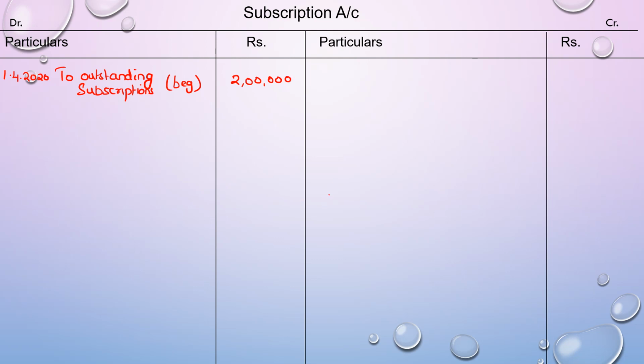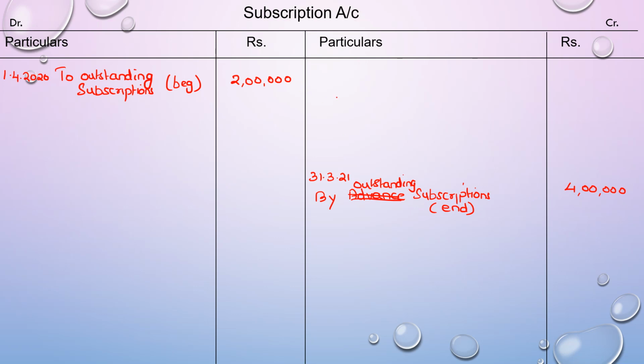Then you have subscription outstanding at the end on 31st March 2021, by advance subscription. I'm extremely sorry, it is outstanding subscription at the end. That would be 4 lakh. Now we have the advance subscription.